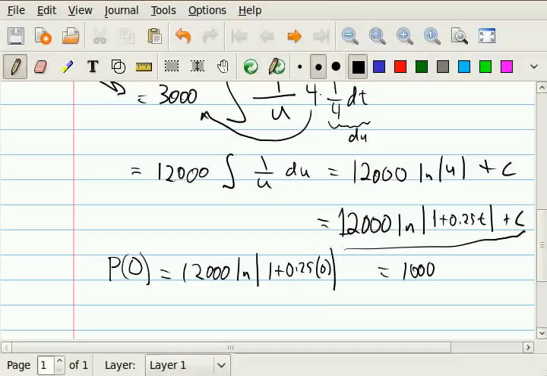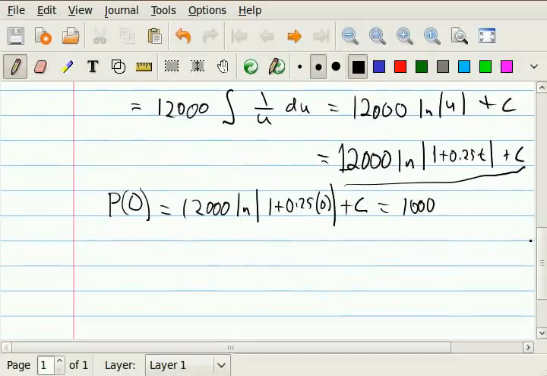If we put 0 in for t, we better get 1,000. So what does that mean c has to be? Well, that means that 12,000 times natural log of, well, it's just going to be 1, plus c must be 1,000.